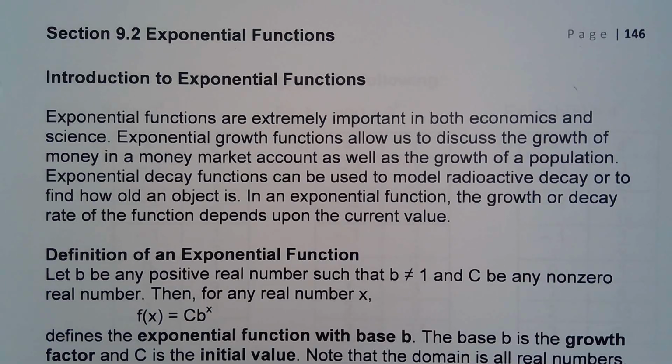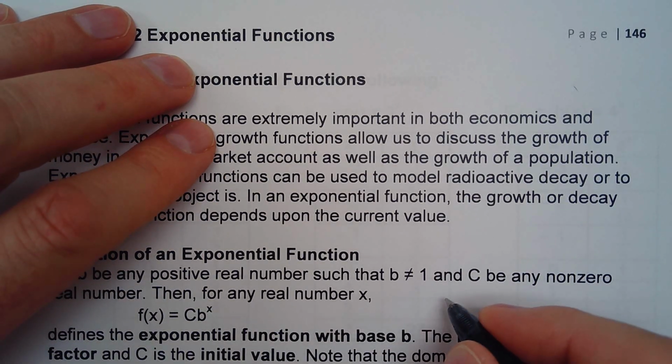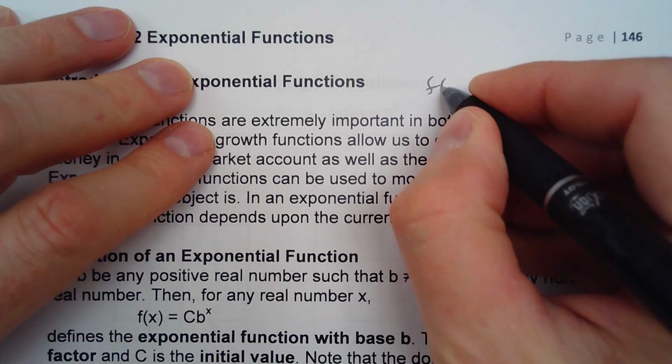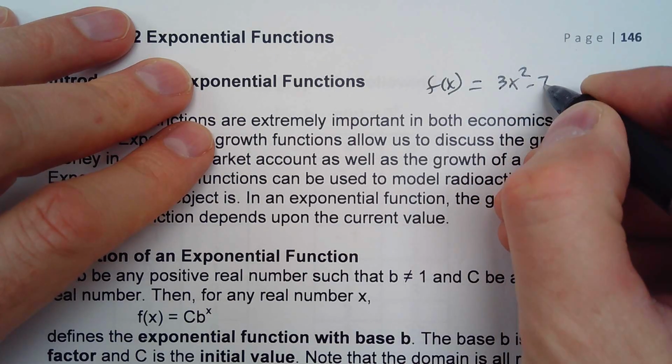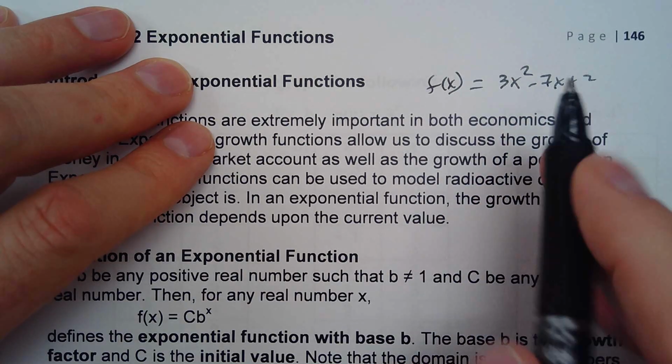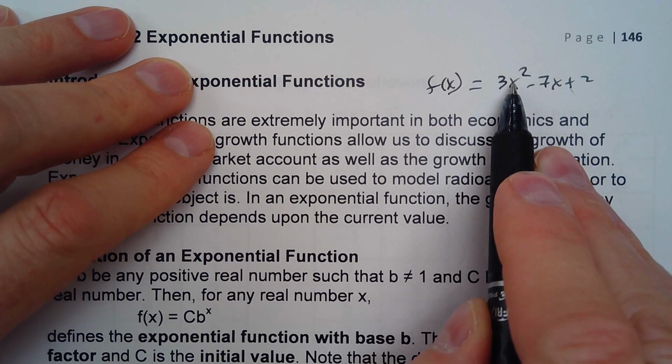So notice it's very different. Up to now, when we've been working with our functions, we might have something like f of x equals 3x squared minus 7x plus 2, where x here was the variable in the base.